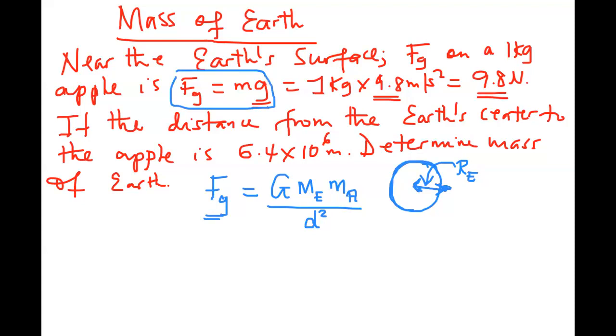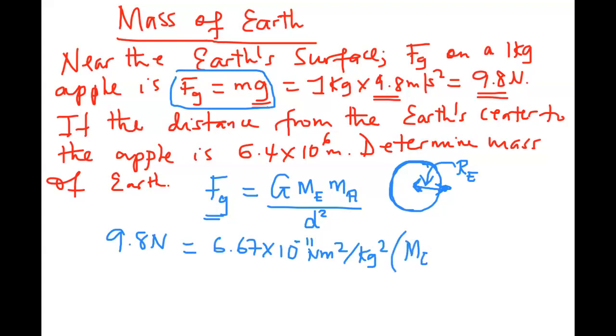So we can just substitute: 9.8 newtons will be equal to our gravitational constant, 6.67 times 10 to the power minus 11, newton meter squared per kilogram squared, then multiply that by the mass of the Earth, which we don't know, multiply that by the mass of the apple, which is 1 kilogram, then divide by the distance squared.